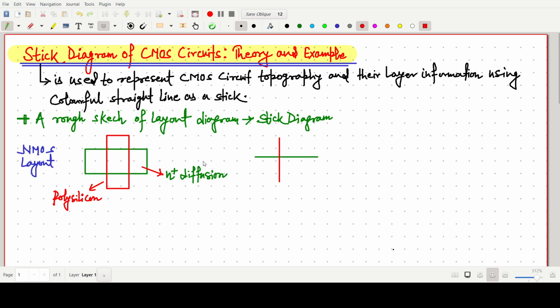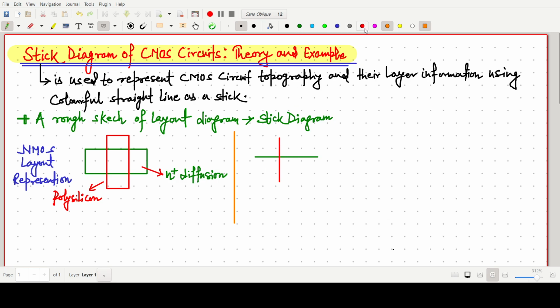Okay, this one is NMOS layout representation. I'm writing here, and try to make a boundary here. And this one is our stick representation.